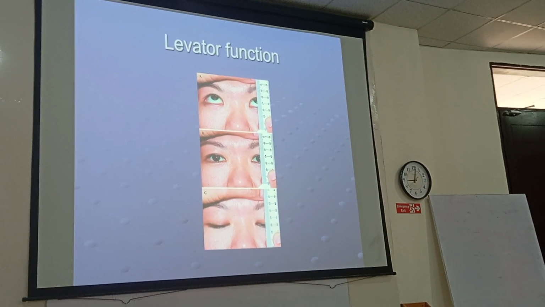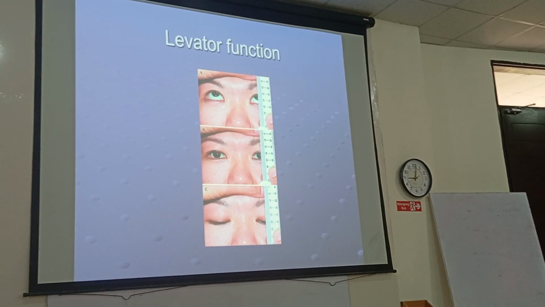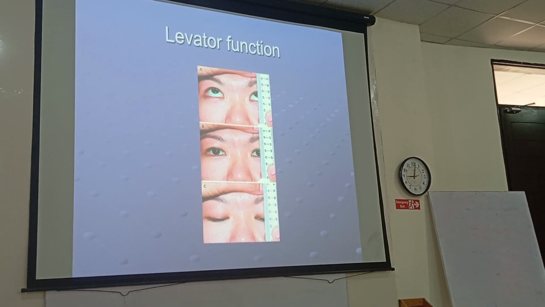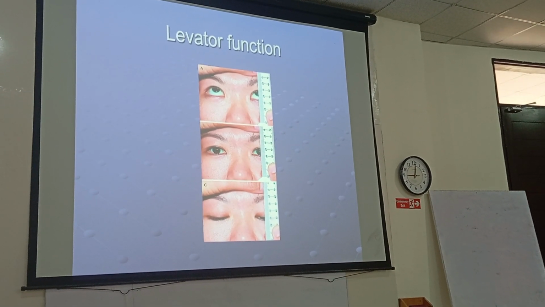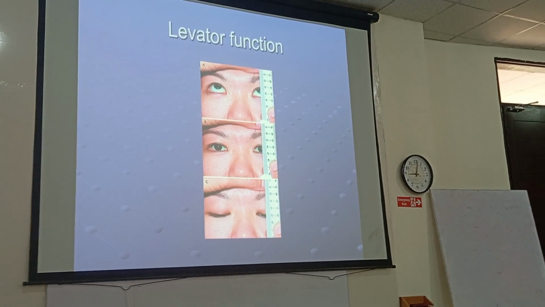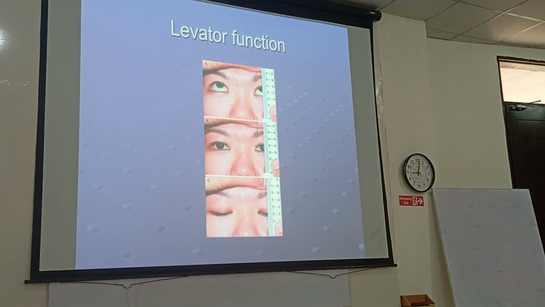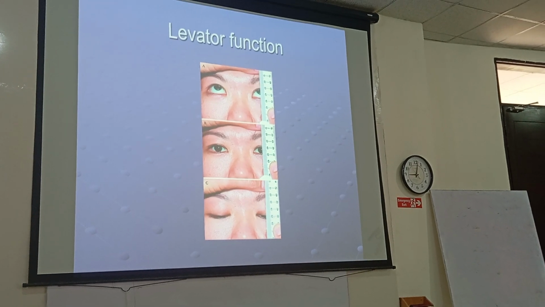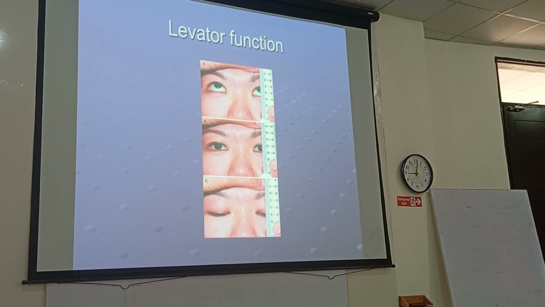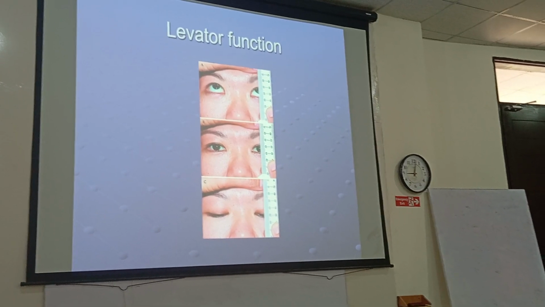It is for checking the function of the levator muscle, which is supplied by the third nerve, because its functionality is a very important and key factor in the management and picking the right surgical procedure.